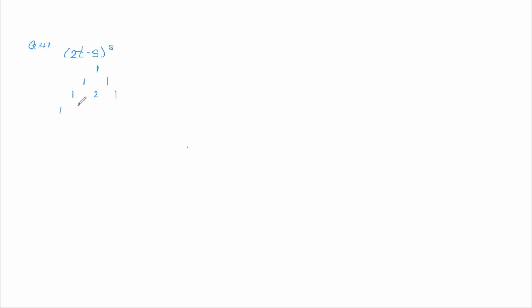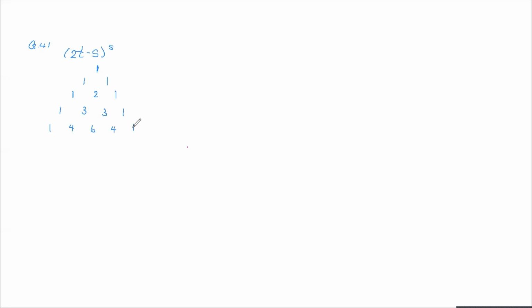Still 1 at the front of the third row, and then 1 plus 2 becomes 3, 2 plus 1 becomes 3 again, and bring 1 down. Fourth row is 1 again, and then 1 plus 3 becomes 4, 3 plus 3 becomes 6, 3 plus 1 becomes 4, and then 1 here.